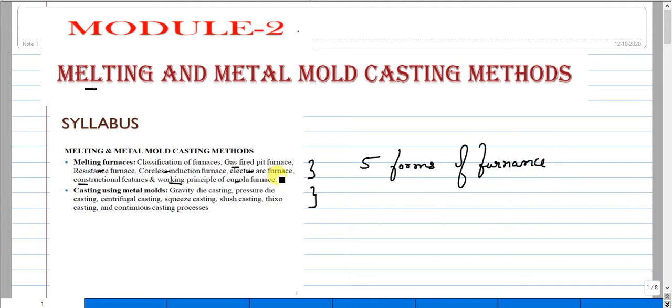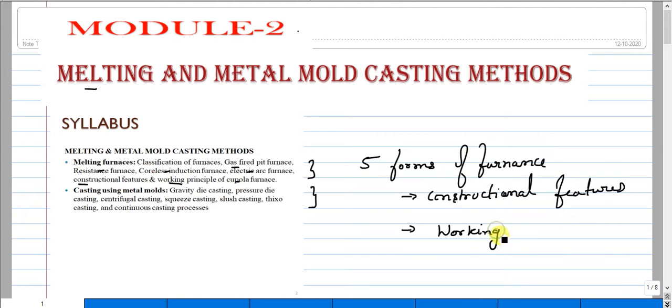For this we will discuss the constructional features and one more, the working principle. So these two topics we will cover, and the second part, casting using metal molds.